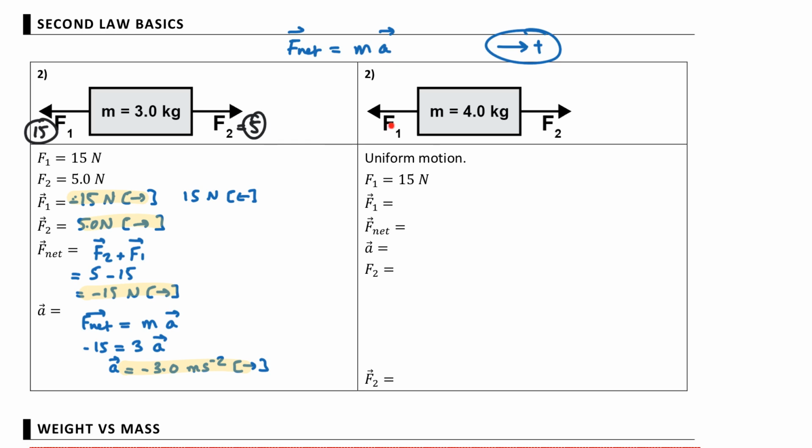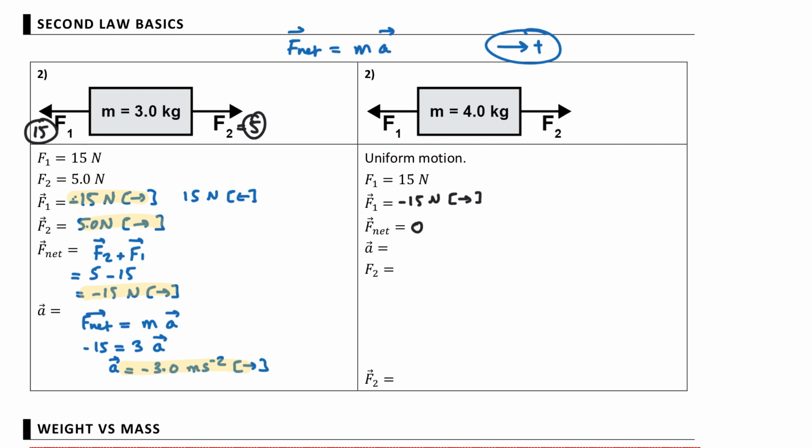So if force 1 has a magnitude of 15 Newton in this direction, if I'm taking right to be positive, its vector quantity is going to be negative 15 Newton to the right. The net force, well, if it's uniform motion, that means this force and this force are the same, and if they're the same, that means Fnet is 0, because if I subtract this value from this in terms of magnitude, I will get 0.